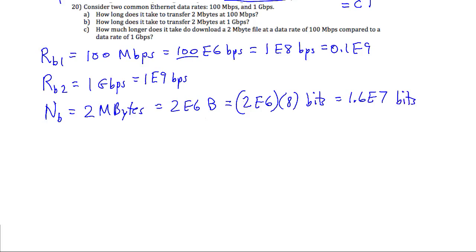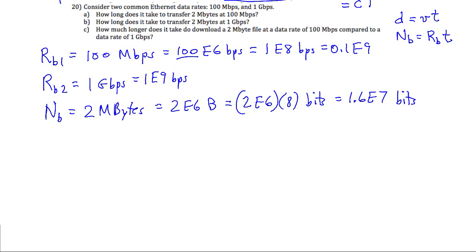Okay? Now we're going to use the equation for datacom, which is analogous to distance equals velocity times time. If we go 60 miles an hour for 2 hours, we go a distance of 120 miles. Here we have the number of bits equals the bit rate times the time.